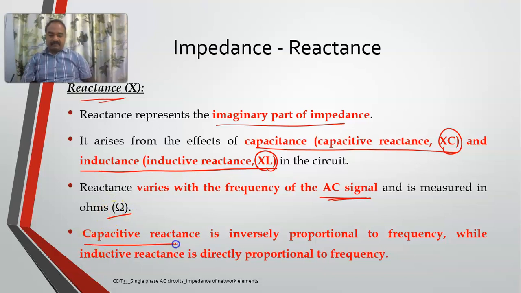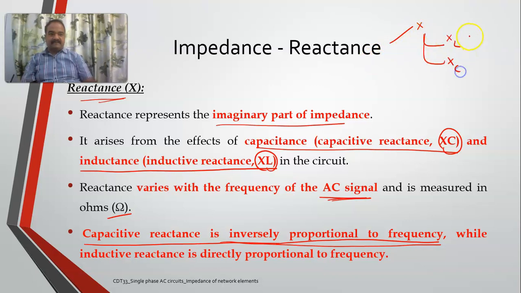I will write down this equation here, but I will explain it in the last slides of this lecture. Capacitive reactance is inversely proportional to frequency. Reactance is represented by X. It consists of XL and XC. XL is directly proportional to frequency, whereas XC is inversely proportional to frequency. And the units are ohms. Try to remember these things.